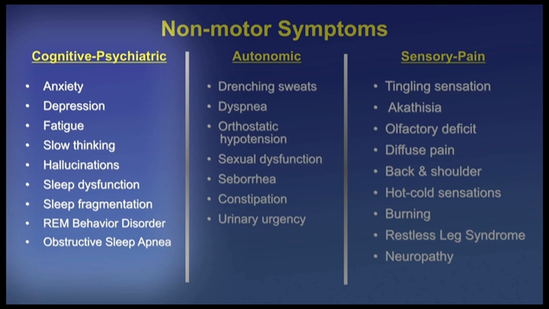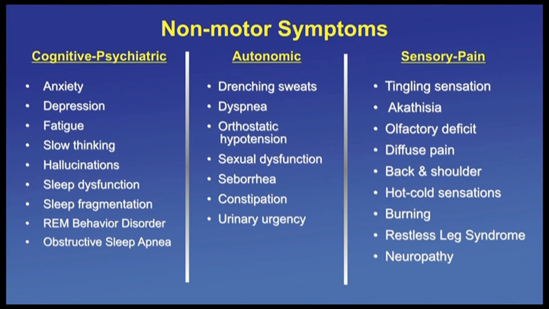REM behavior disorder is where the patient's asleep, they have rapid eye movement, but unlike the normal patient where they can't move, the Parkinson patient can act out their dreams, and they yell, scream, holler, or fall and hurt themselves. Obstructive sleep apnea is also probably more common in patients with Parkinson's disease.